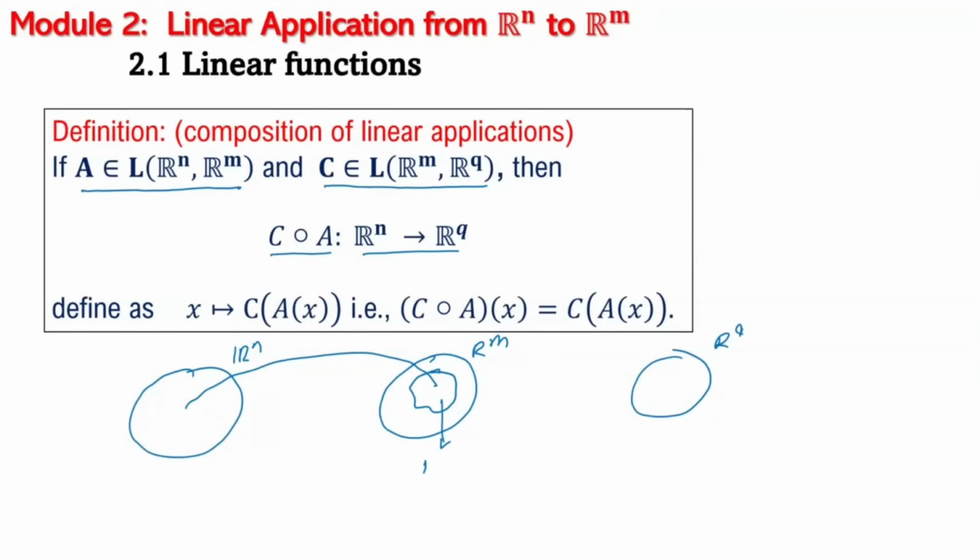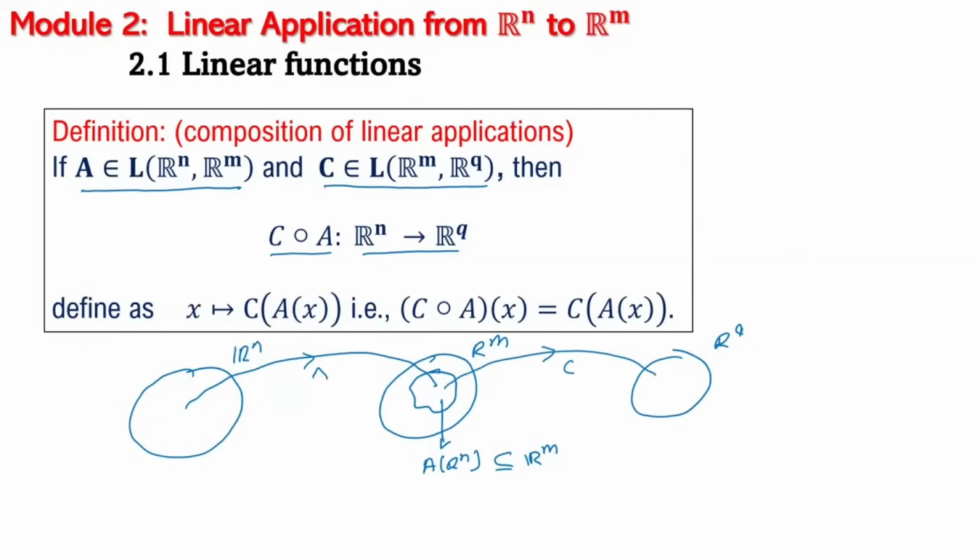So this one is A(R^n), which is a subset of R^m, and C should be defined on this, not on the whole of R^m.